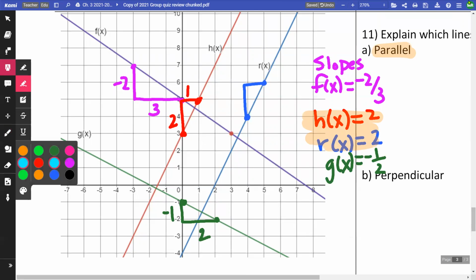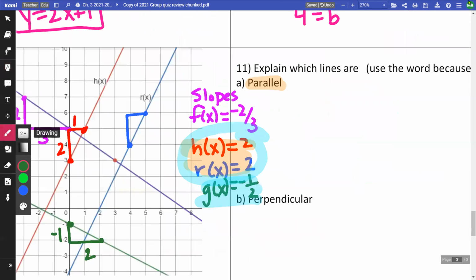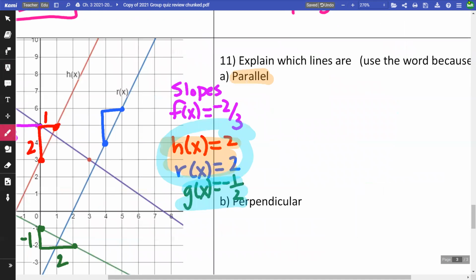And this -1/2 is going to be perpendicular with both of these because the slopes are negative reciprocals. So the only one that is not going to be any of them is going to be f of x.